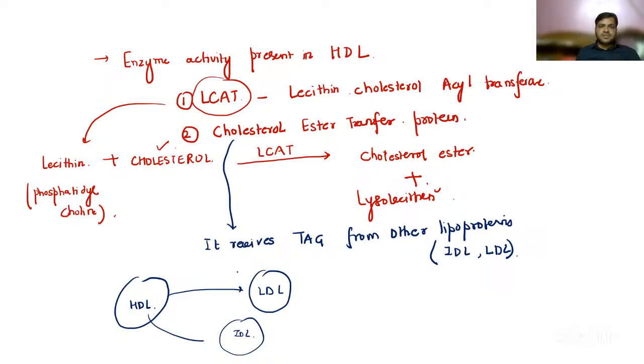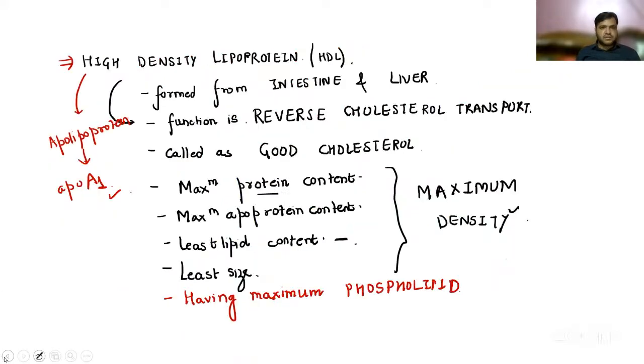So again, HDL is going to receive triacylglycerol from other lipoproteins like LDL and intermediate density lipoprotein. That is something you have to remember. So that was regarding the HDL part.